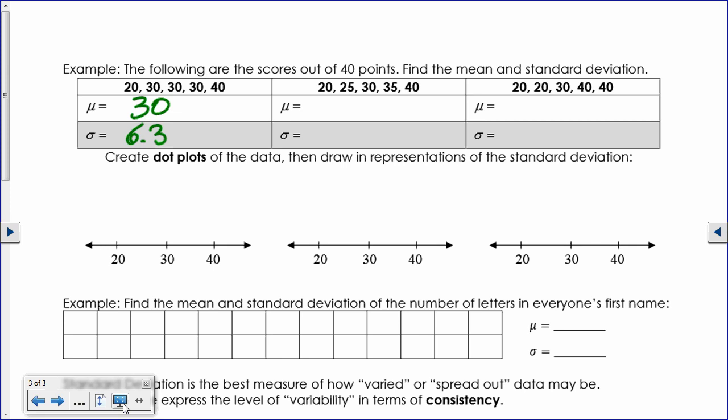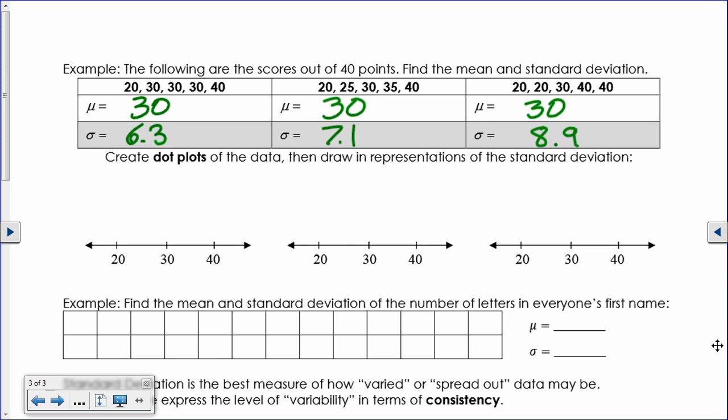Alright, the mean for this set is 30 again, and the standard deviation is 7.1. Then the last set. The mean is 30 again, but you're going to have a different standard deviation, 8.9. Never round. Always keep the decimals.